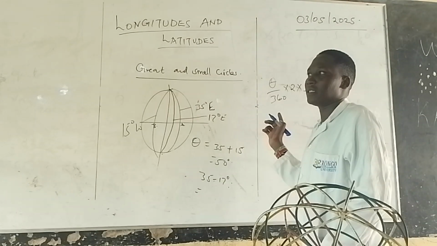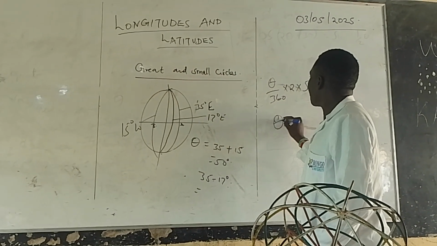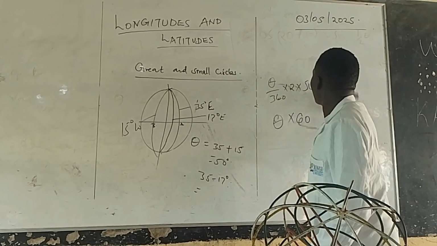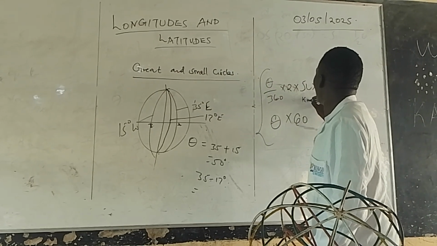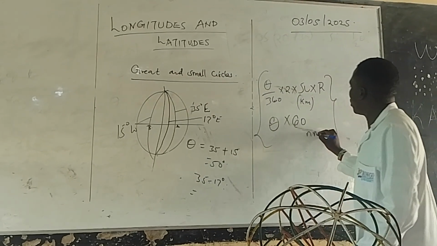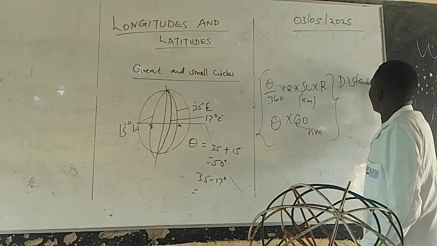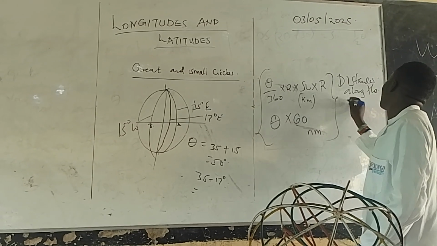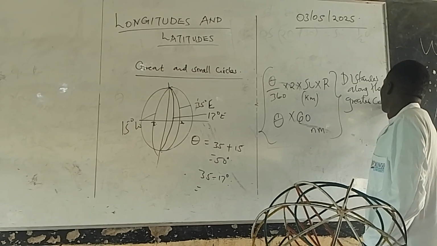That gives us the distance in kilometers. Then we have theta times 60, which gives us nautical miles. So here it is in kilometers and here it is in nautical miles. So these are distances along the great circles.